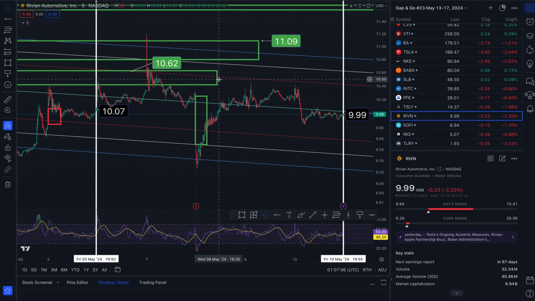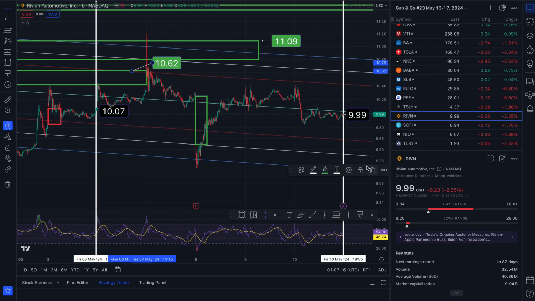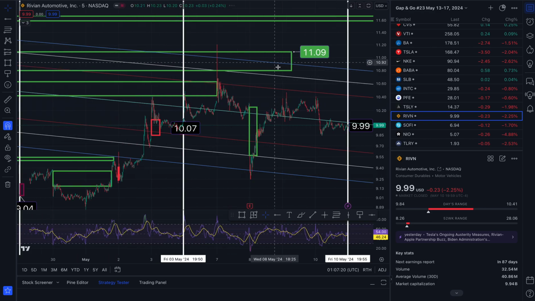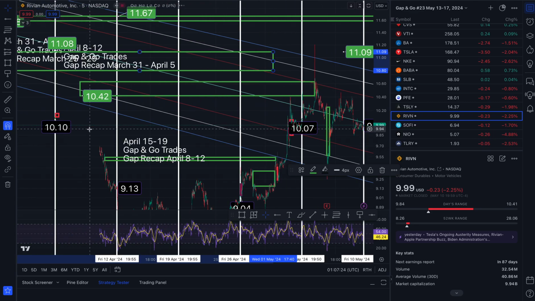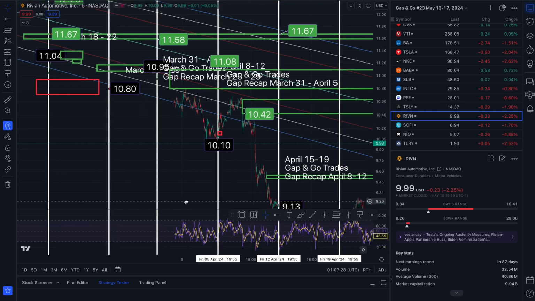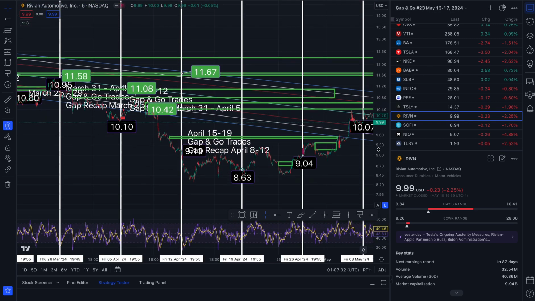All right, for this gap recap, this is a carryover, and we touched right here, 1062 to the upside. Delete. We touched here, and remember, I just extend all these gaps, and I just pull them right as I continue each week, as I continue the path.